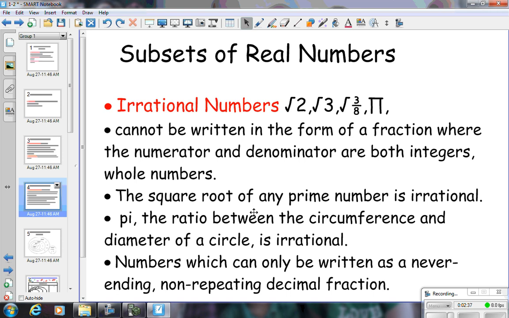Square root of 2, square root of 3, square root of 5. Pi. Remember, pi is the ratio between the circumference and the diameter. It's irrational. These are numbers which can only be written as a never-ending, non-repeating decimal, which pi falls into that category. Those are irrational numbers.